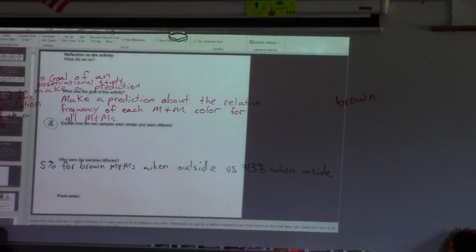But why in the world was there such a big difference? The bias. Okay, we talked a little bit about bias, right? So there was something that was creating bias, but think about what was happening outside. What would have caused us to significantly undercount the number of brown M&Ms? You made us run through it instead of slowly letting go. But then we would have miscounted the red and the green as well, right? We didn't do them one by one.